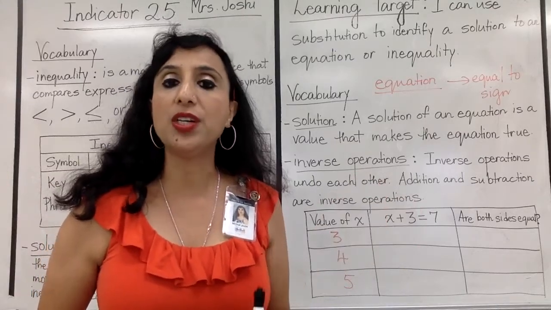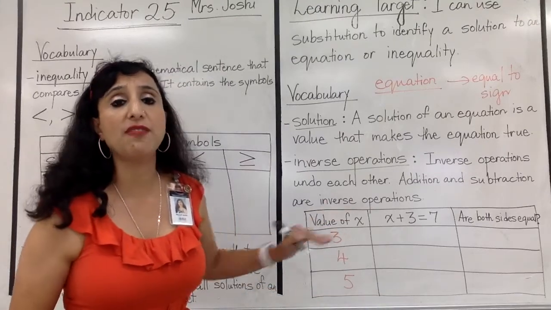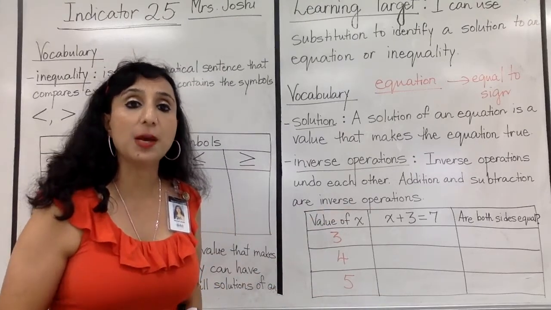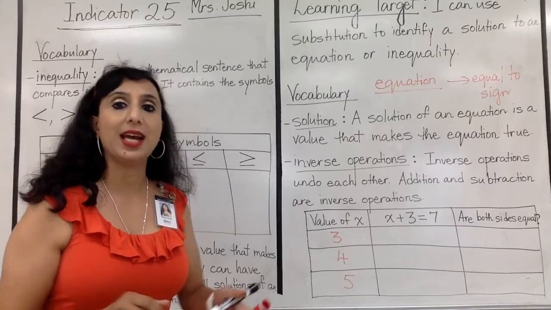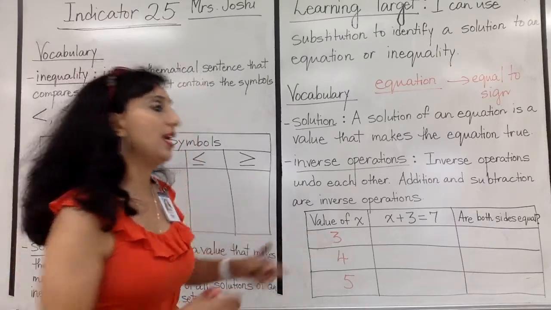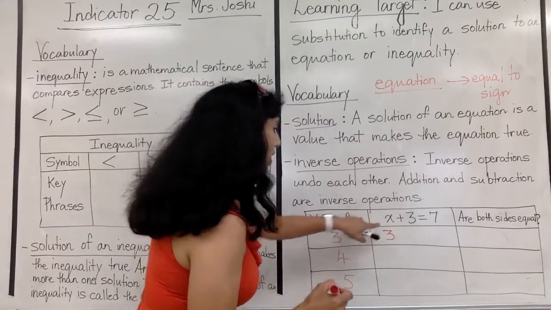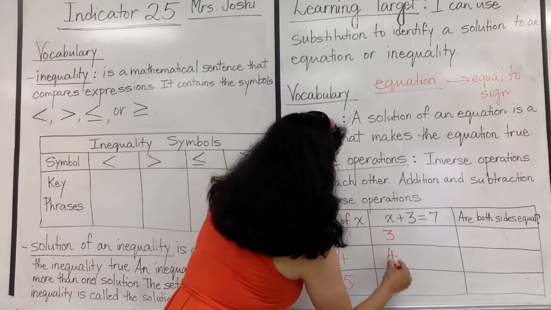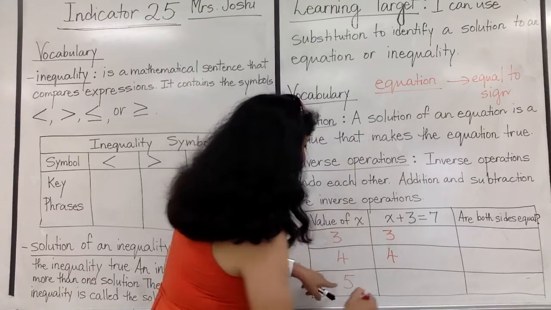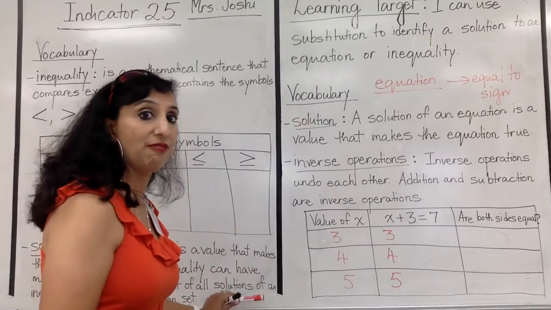Now, it's asking for the value of x. For each of these, I am going to substitute for the x in that column. So in this one, x is 3. Over here, x is 4. Over here, x is 5.